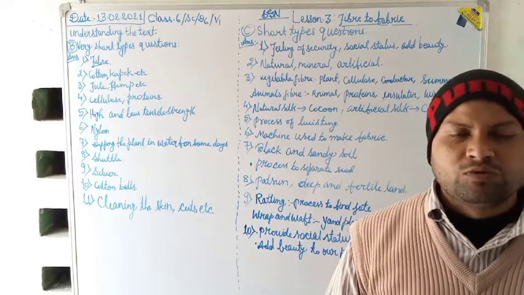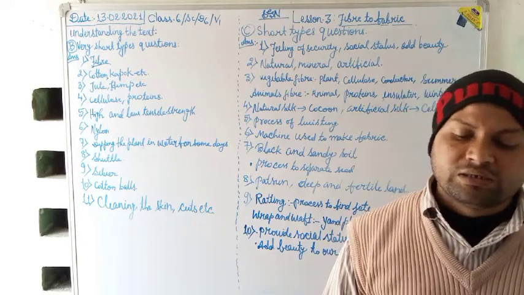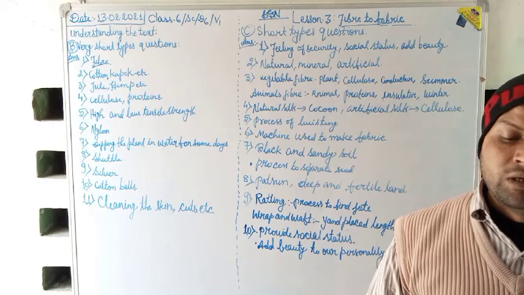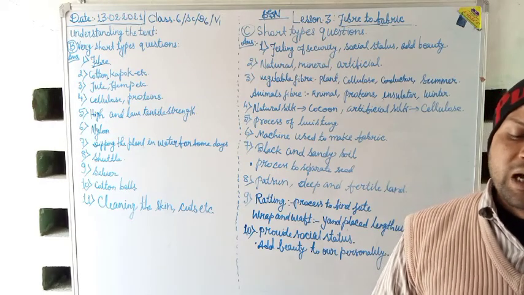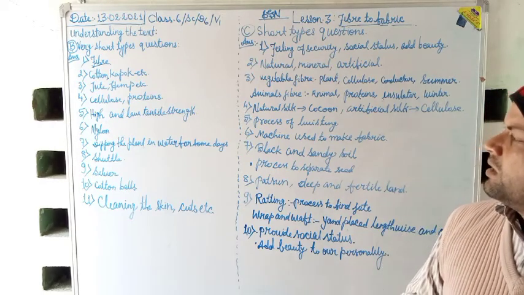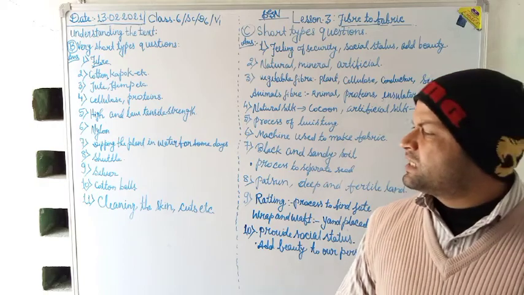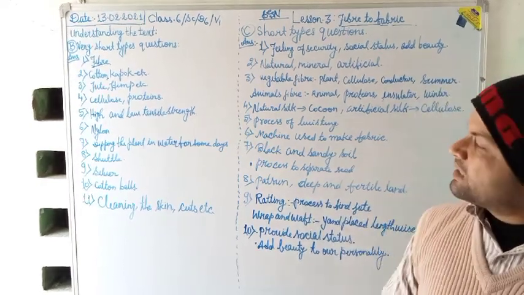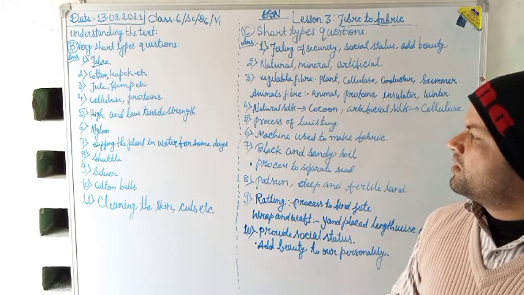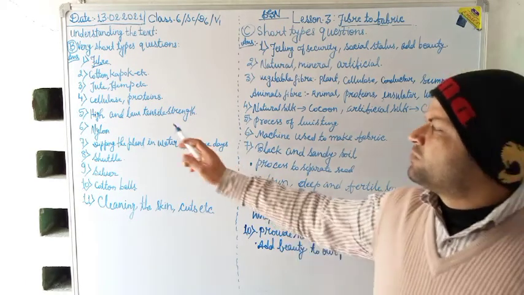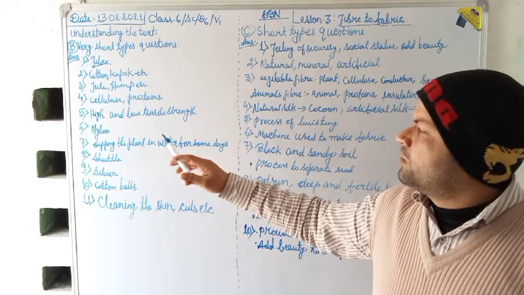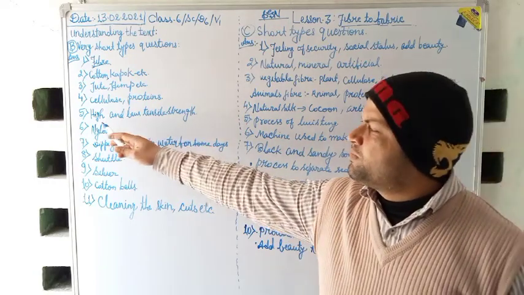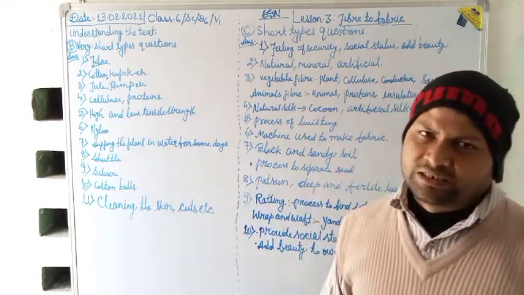Now let us move towards question number 5. Here it is asked to give one difference between natural silk and artificial silk. Natural silk has low tensile strength, and artificial silk has high tensile strength.